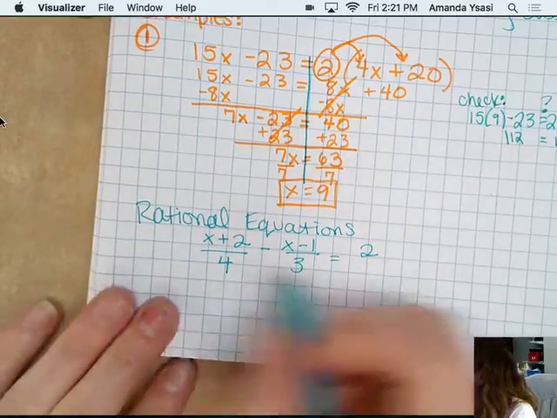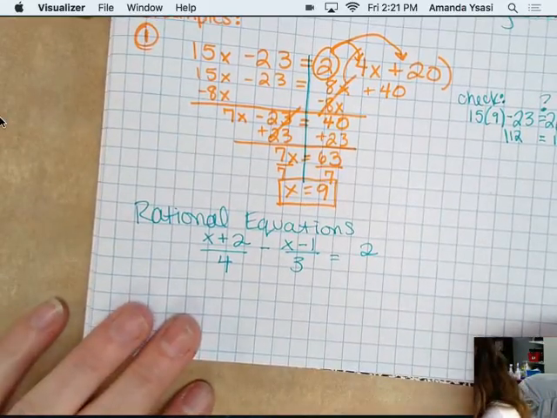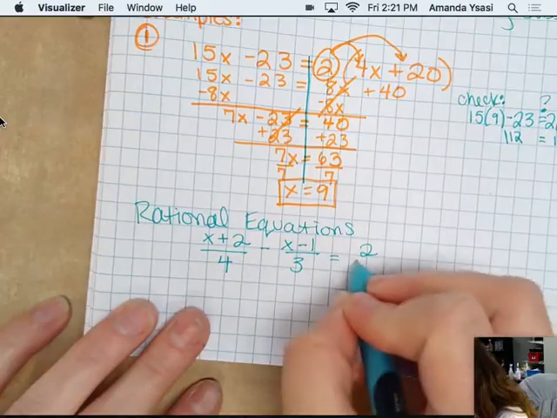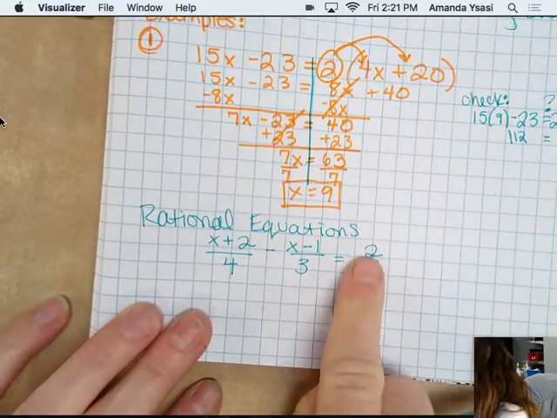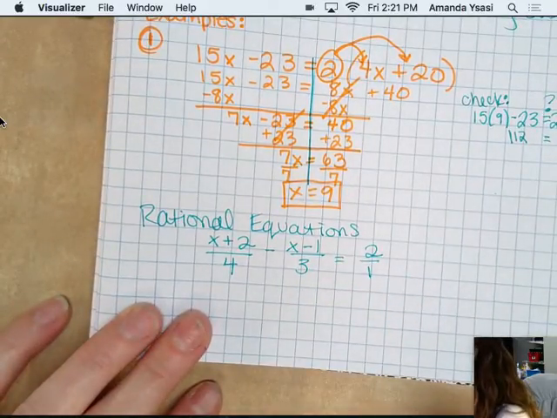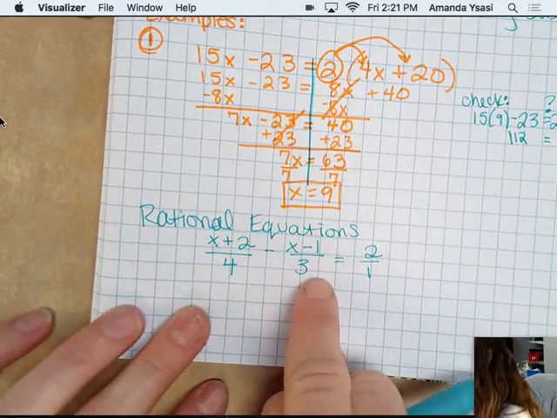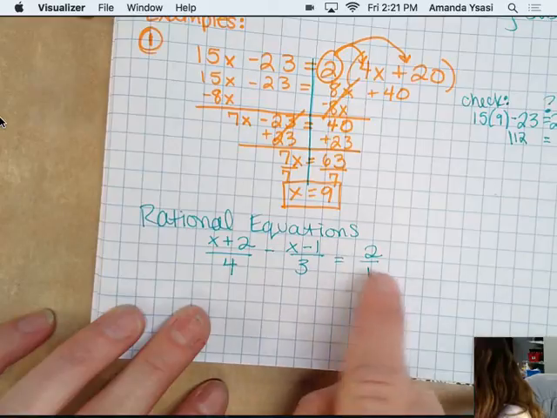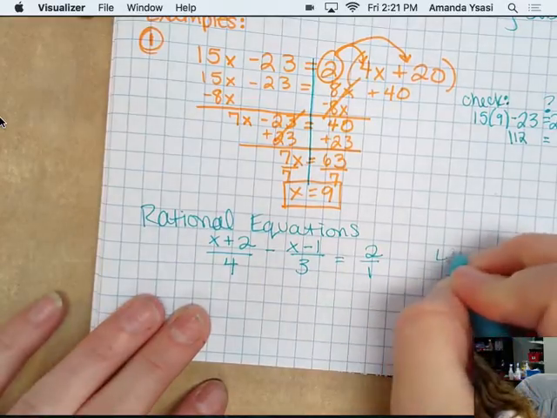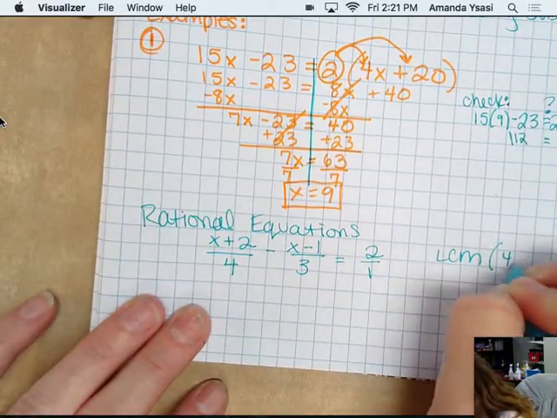Okay, so we want to get rid of the denominator, clear out the fraction. So we look at all the denominators. Since this is 2, that's 2 over 1. So what we want to do is find the least common multiple of 4, 3, and 1, which would just be the LCM of 4 and 3.